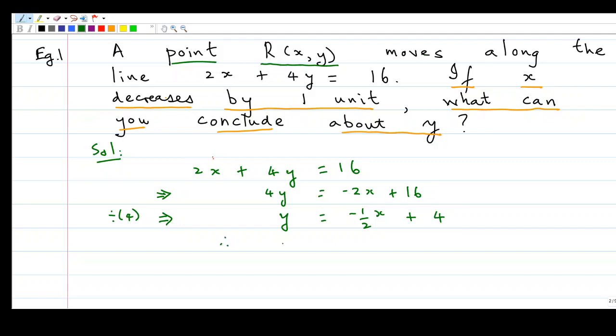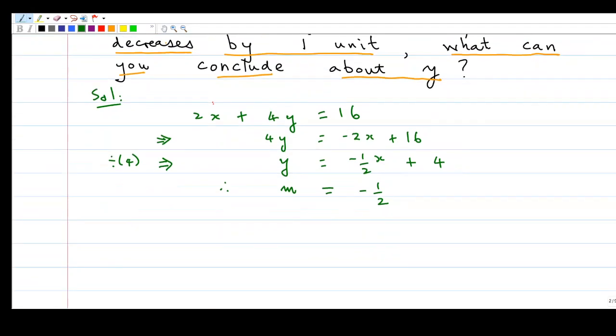Therefore, your gradient m is negative half, which now implies that the change in y over the change in x is equal to negative half, right?